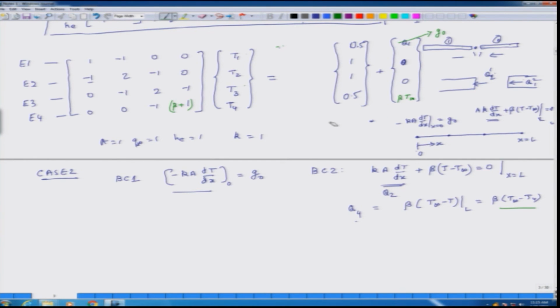Okay. So the effect of convective heat transfer at the end of the bar is accounted for by modification of this K matrix. So beta comes here, and now I can solve these four equations for four unknowns in a fairly straightforward way.